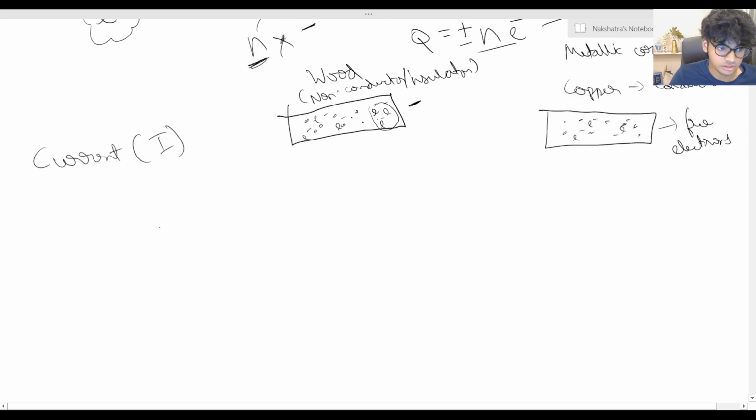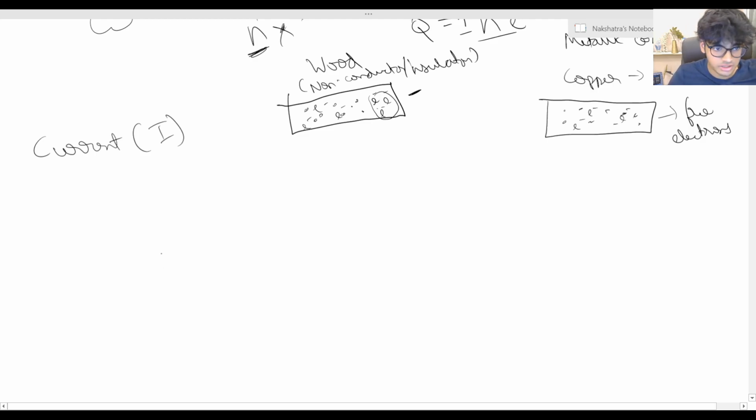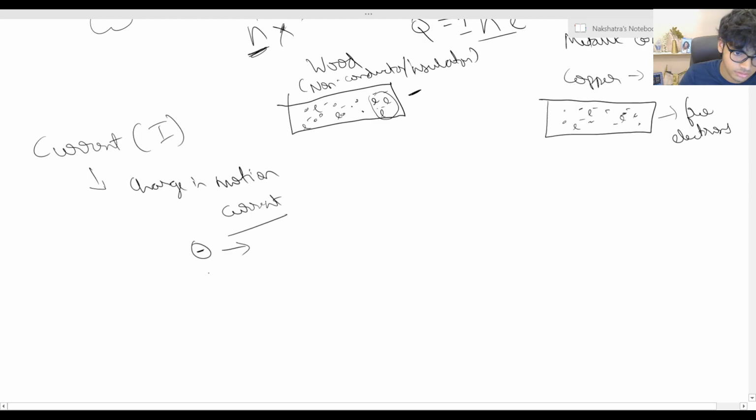To understand this further, let's move on to current. Current is simply a charge in motion. If I have a body which is negatively charged and it starts moving, I'll say that this constitutes current. This is basically what current is. If a charge is moving, that's current.